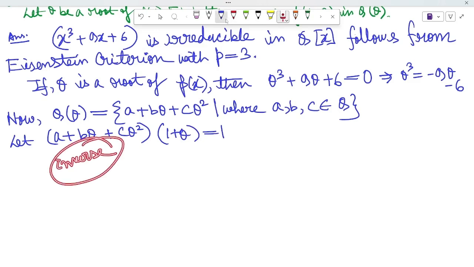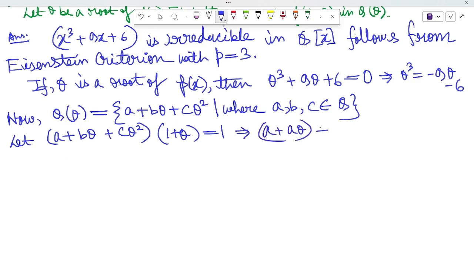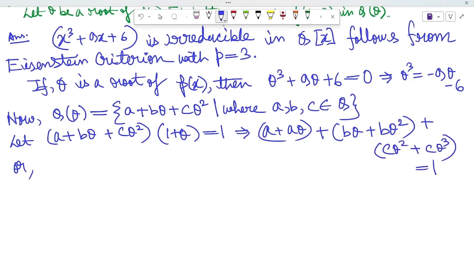So if we multiply and split this, that will give you a plus a theta plus b theta plus b theta square plus c theta square plus c theta cube equal to 1.